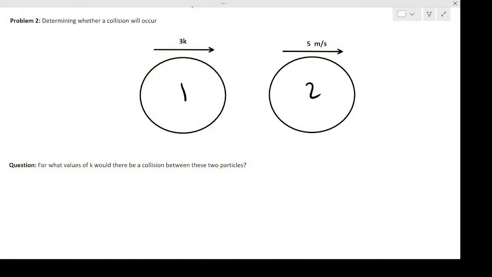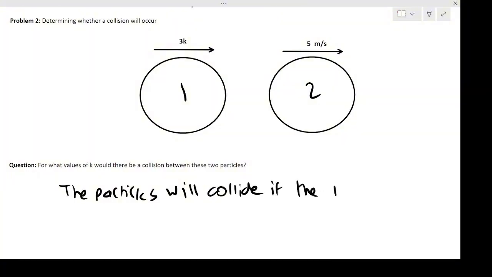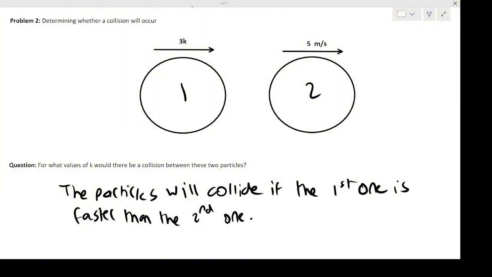So I'm going to say that the particles will collide if the first one is faster than the second one. And that will be because if the first one's moving faster than the second one, the first one would then be able to catch up to the second one, and so then they'll be able to collide into each other.